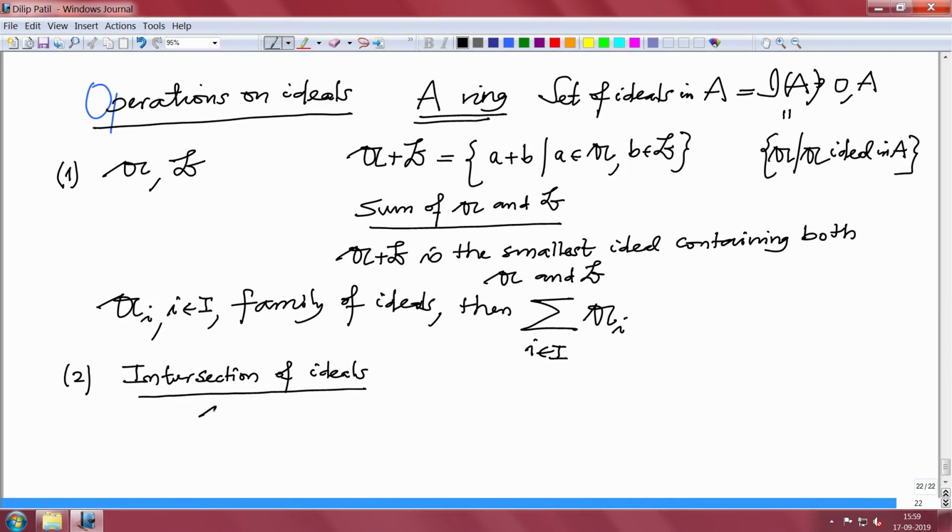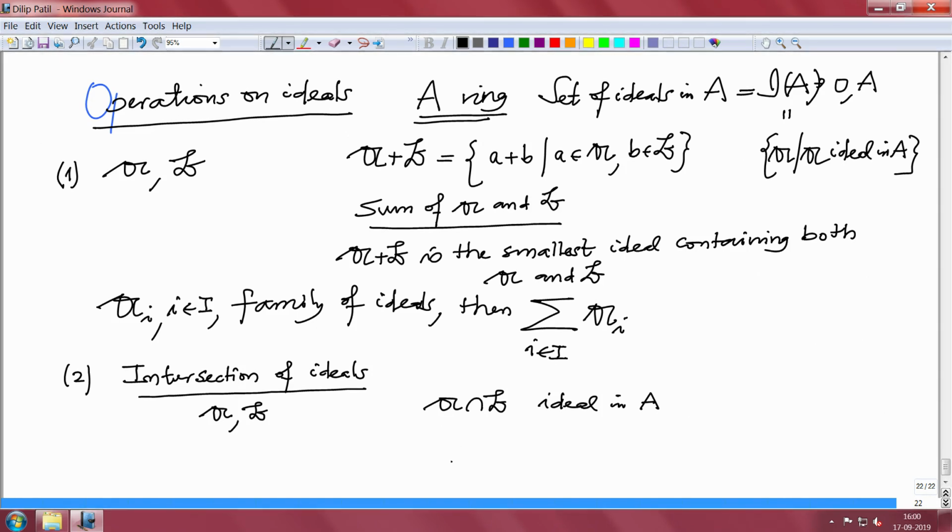So if I have two ideals A and B, then I look at the intersection A intersection B and check that this is also an ideal in A. This is obvious because the intersection of subgroups is a subgroup, as you would have learned in group theory, and also it is closed under arbitrary multiplication by an element from the ring, because both satisfy that property.